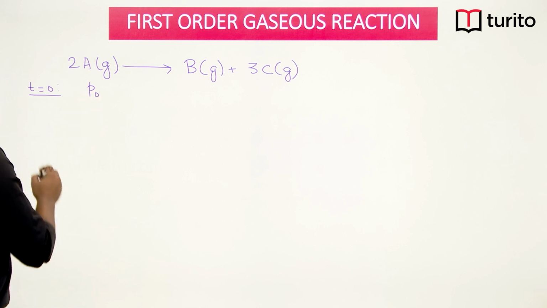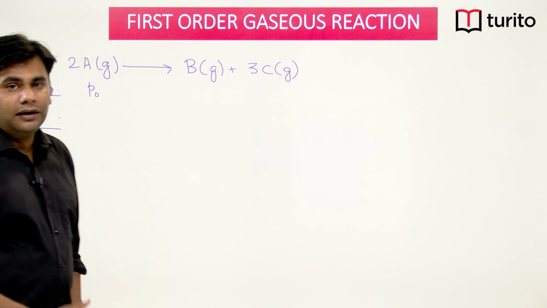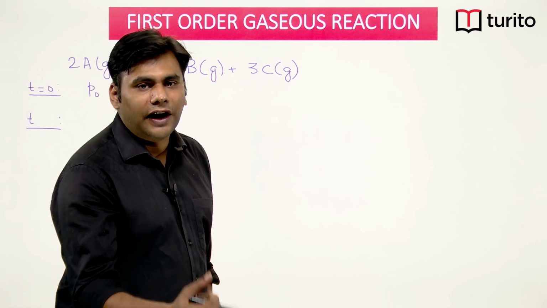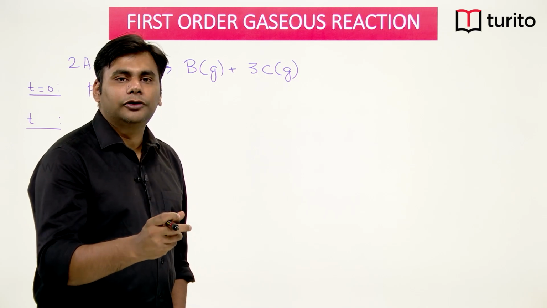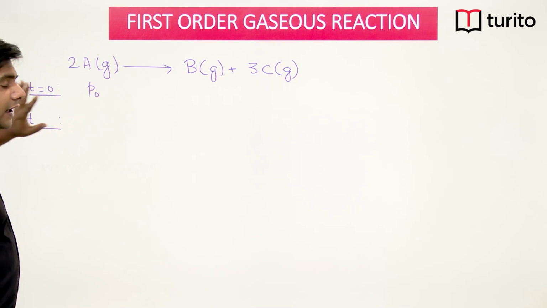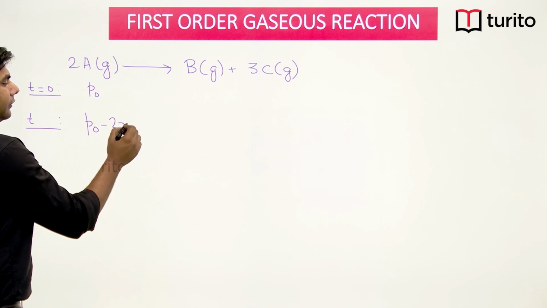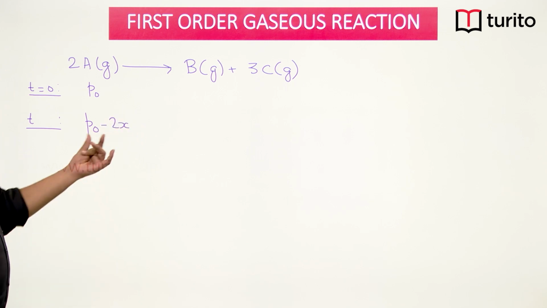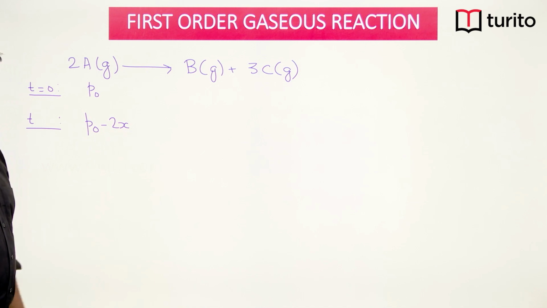And suppose x is the extent of reaction in terms of pressure defined per mole. Because 2 moles of this is reacting, 2x amount or 2x pressure would have reacted. So the final pressure would be P naught minus 2x.